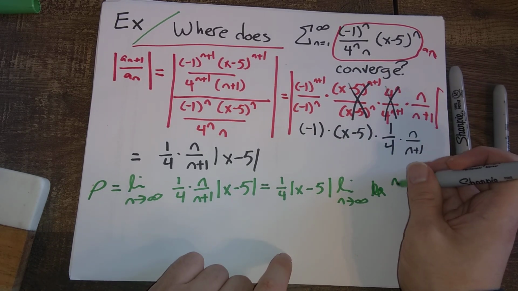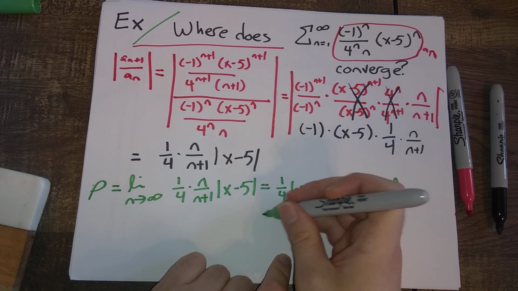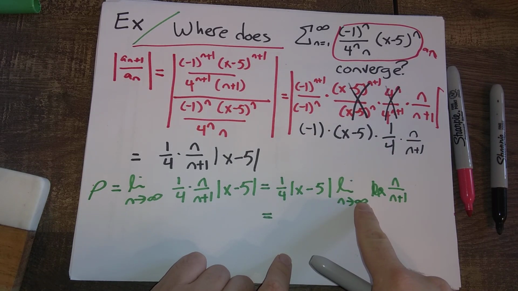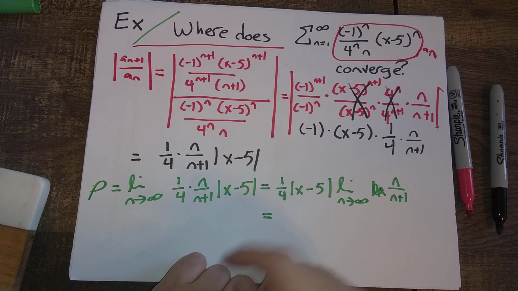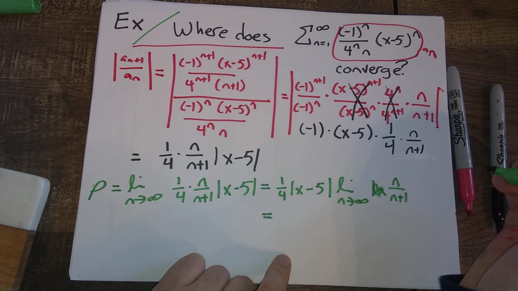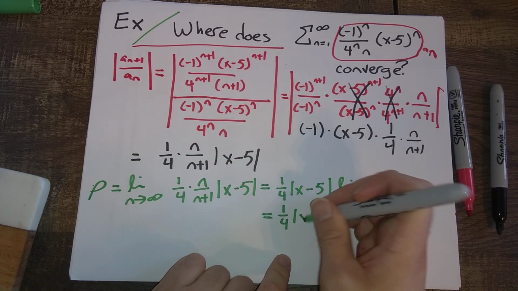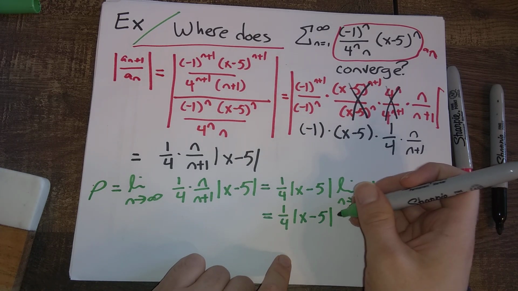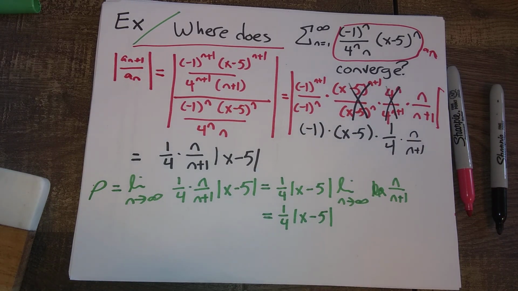What's left inside our limit? n over n plus 1. And this limit as n goes to infinity goes to 1. And so 1/4 times the absolute value of x minus 5 times 1. So rho is just 1/4 times the absolute value of x minus 5.